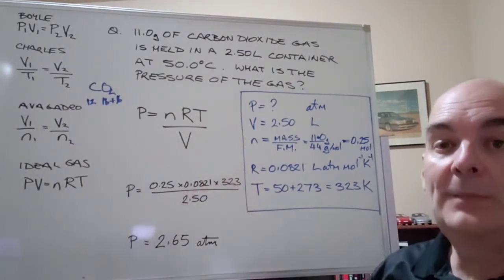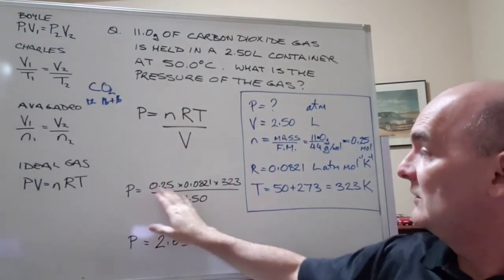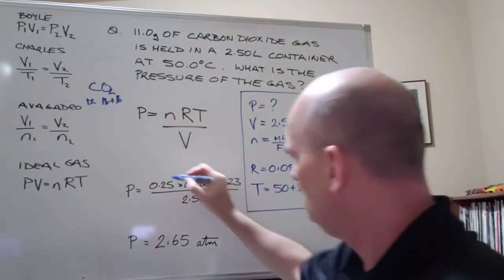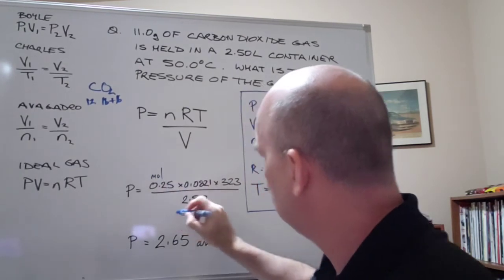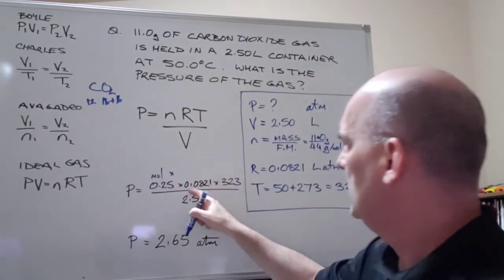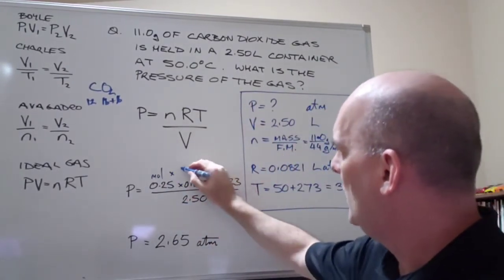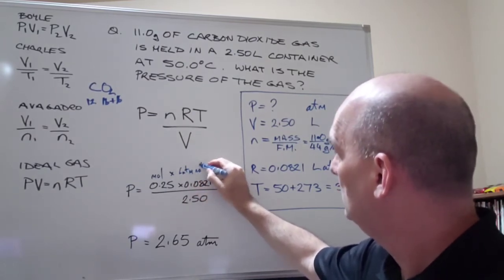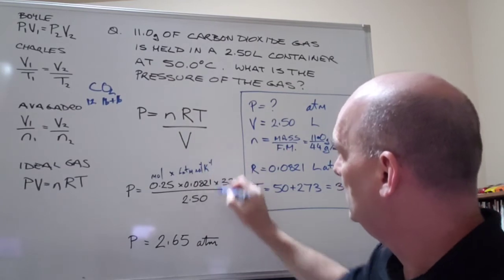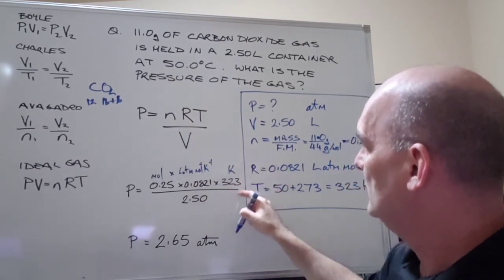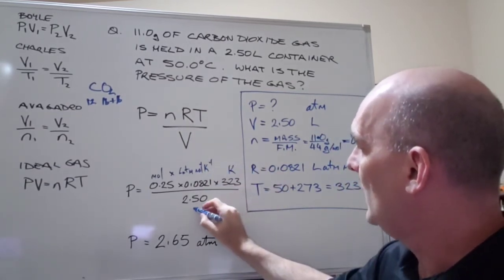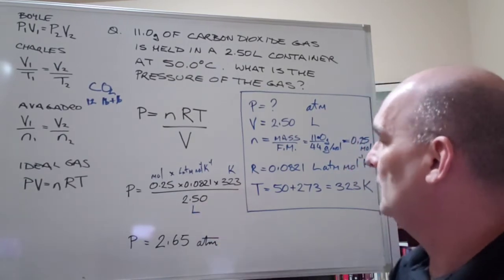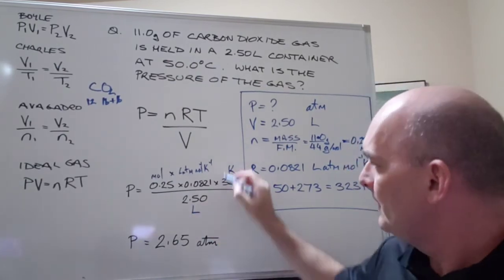Now I can put those numbers into my equation. And 0.25 moles times 0.0821 liter atmospheres per mole per Kelvin times 323 Kelvin divided by 2.5 liters.